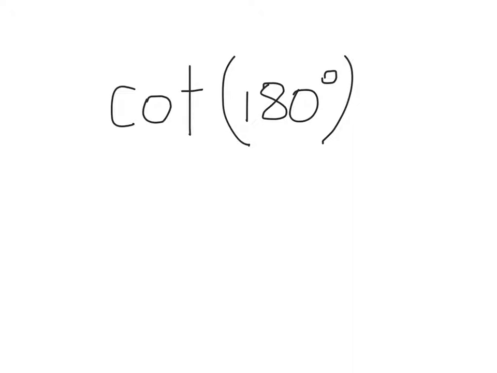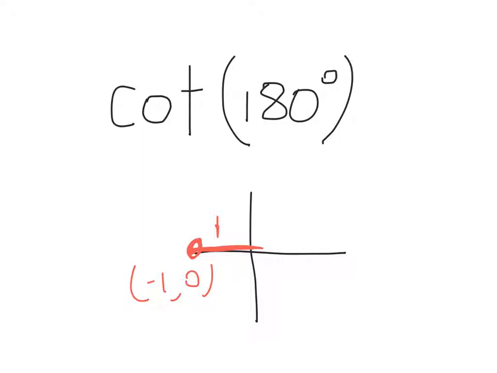Let's do cotangent of 180 degrees. Same thing, draw the rotation on the circle. 180 degrees is directly to the left on the negative x-axis. Since the radius of my unit circle is 1, that puts it at the coordinate -1, 0.